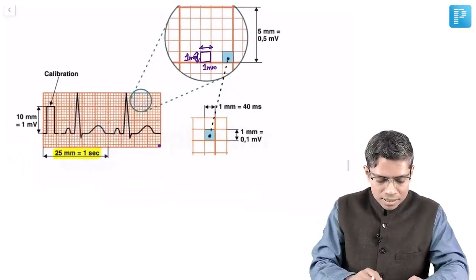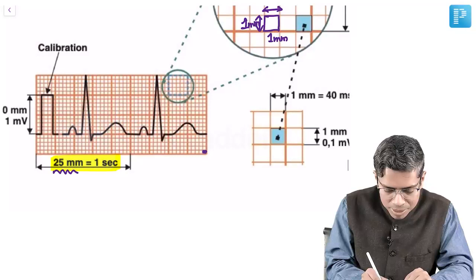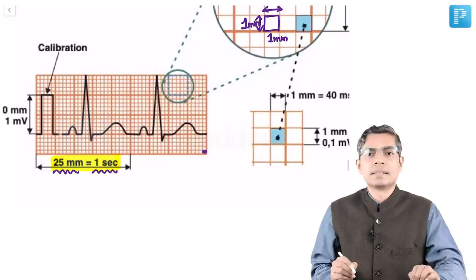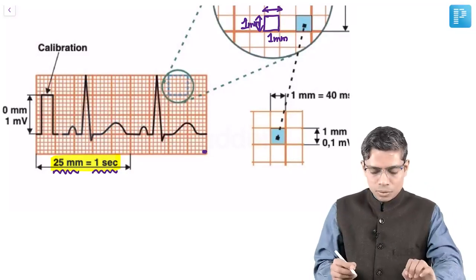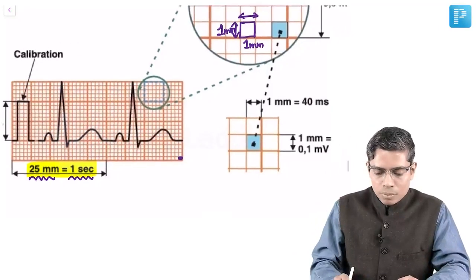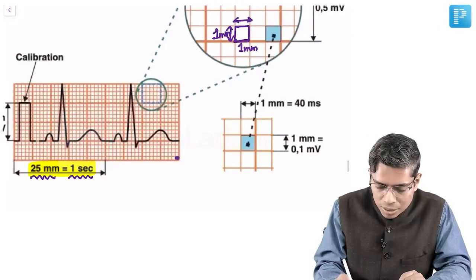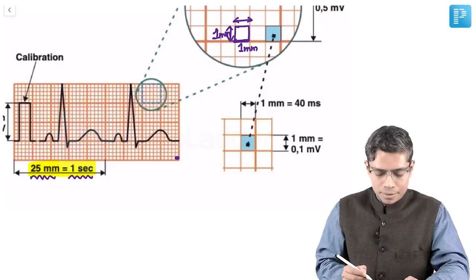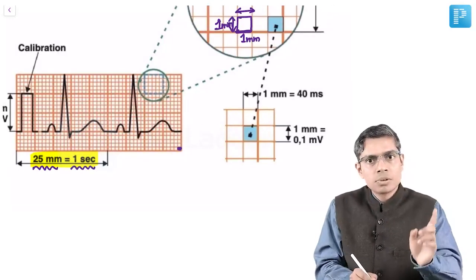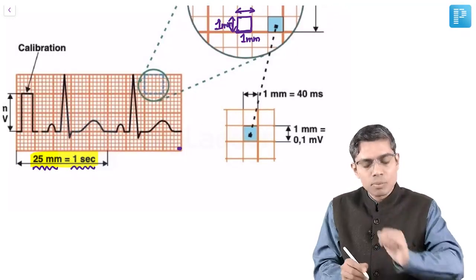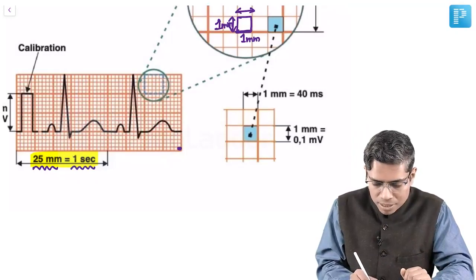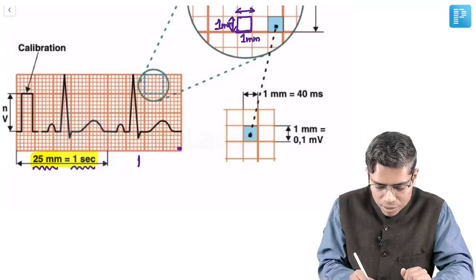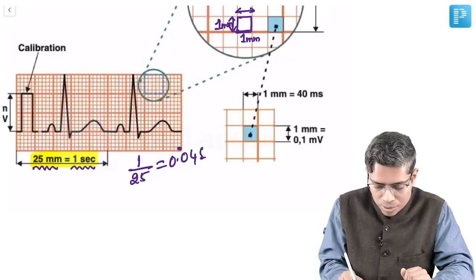I told you earlier that the speed is 25 millimeters in 1 second. So if I want to understand the duration of this 1 millimeter, 25 millimeters in 1 second, so what will be the duration of this 1 millimeter? This is 1 upon 25, and that is 0.04 second.